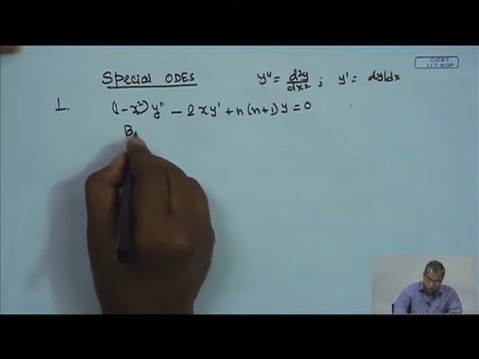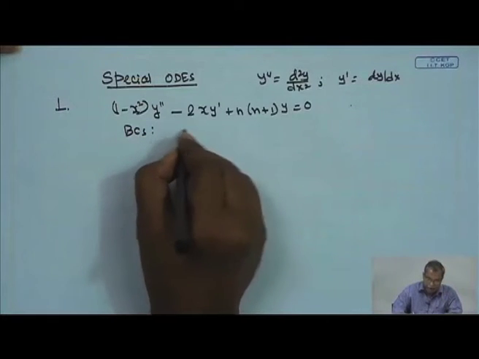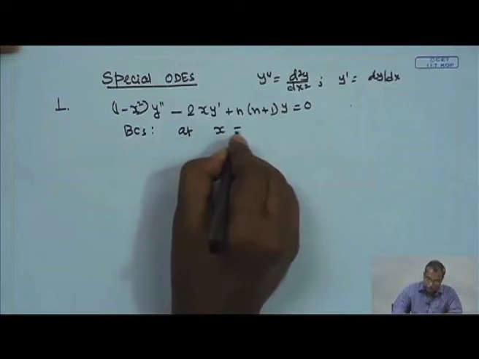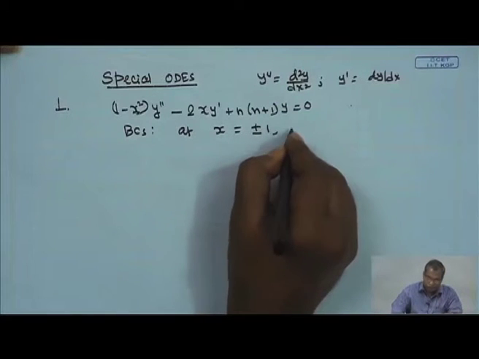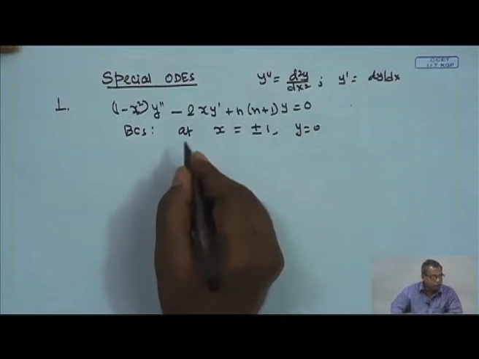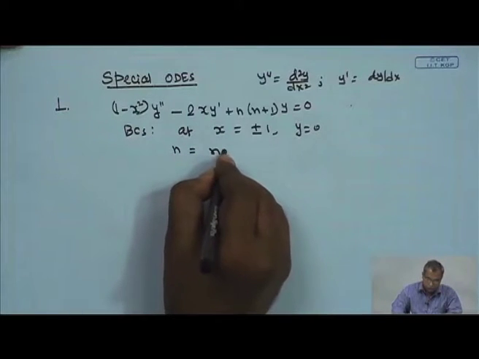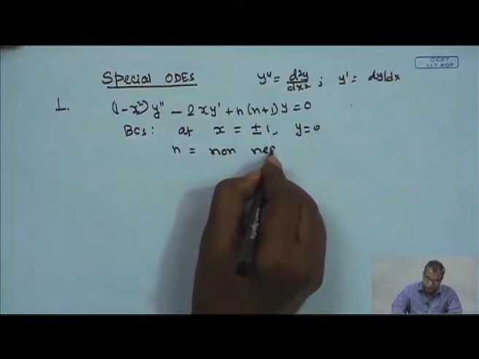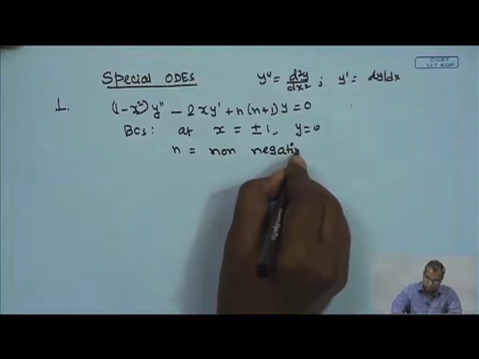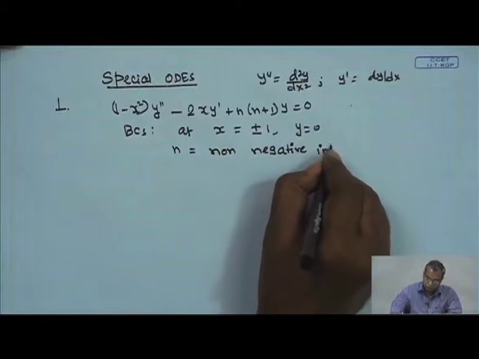The boundary conditions are at x equal to plus minus 1, y equal to 0, and n is a non-negative integer.